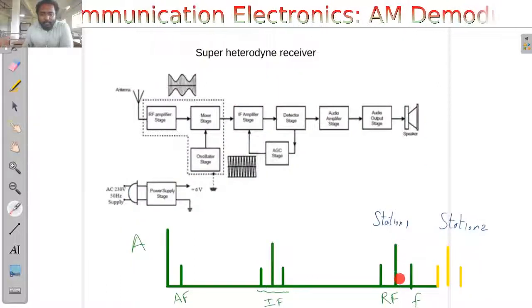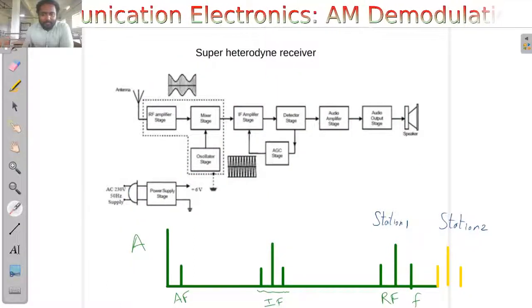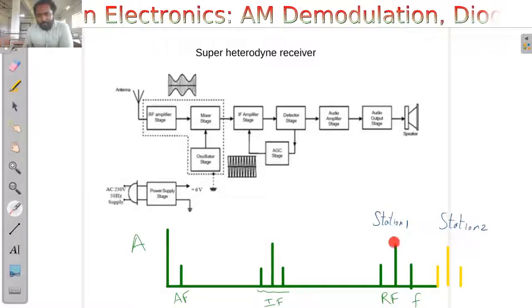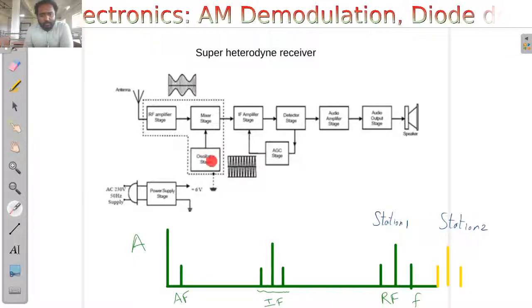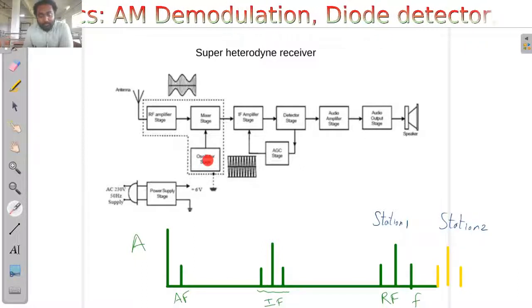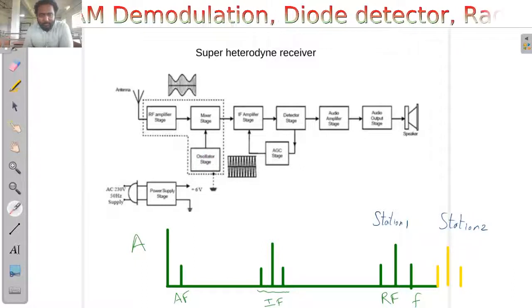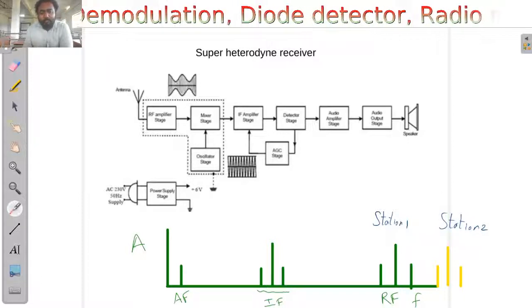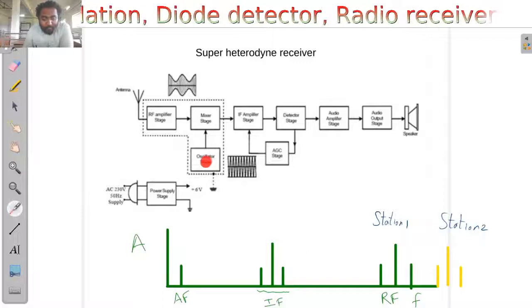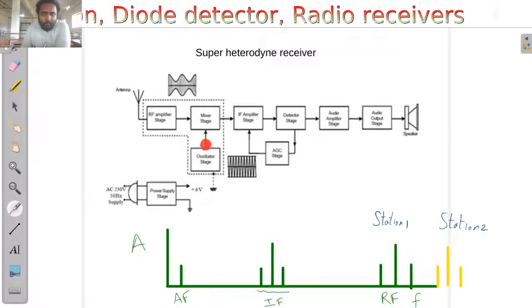Suppose the carrier frequency is FC1 for station 1. If I want to tune to FC1, then I will generate a signal from the oscillator which is 455 kilohertz greater than FC1, which will be FC1 plus 455. So a frequency of FC1 plus 455 kilohertz will be generated from here.